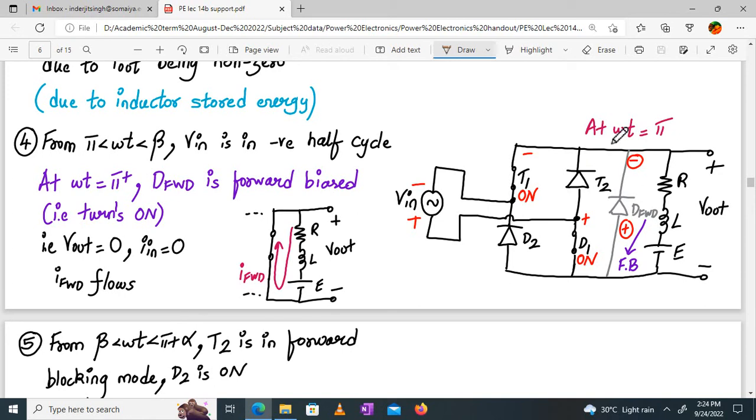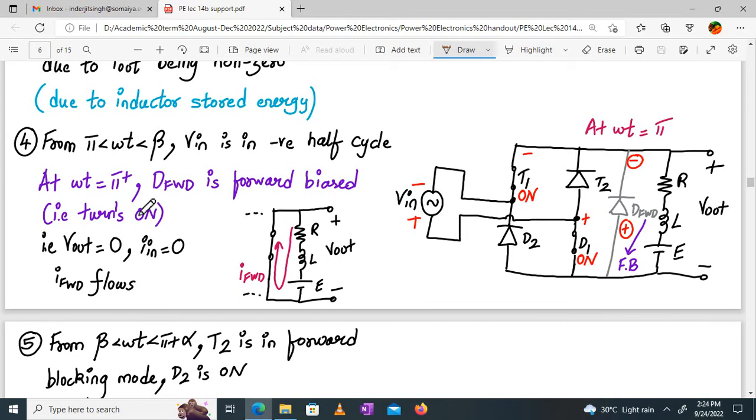So as soon as omega t crosses pi, your freewheeling diode turns on, and when the freewheeling diode turns on, the freewheeling diode current flows into the circuit, and output voltage instantly becomes zero. I in becomes zero, because when the current flows through the freewheeling diode, your input source is completely isolated in this period, right?